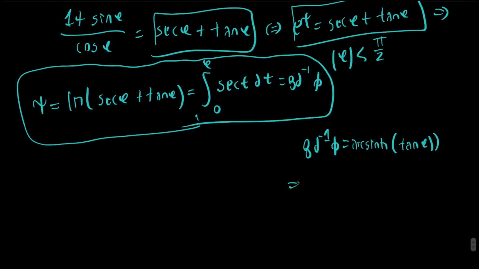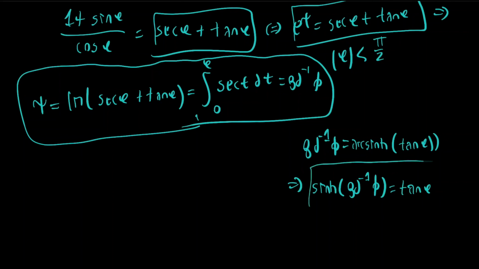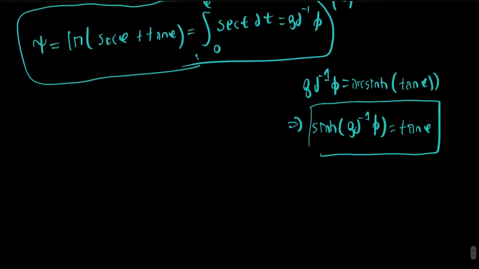We can actually see that the hyperbolic sine of the inverse Gudermannian of phi is equal to tangent of phi. And this is another interesting identity relating hyperbolic and circular angles.